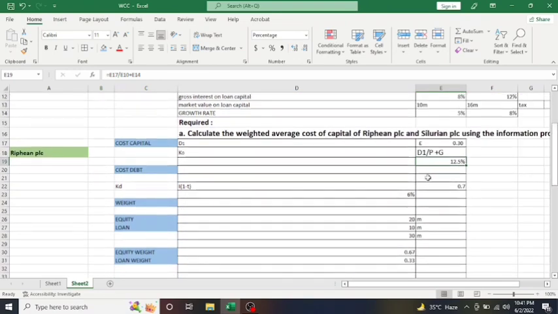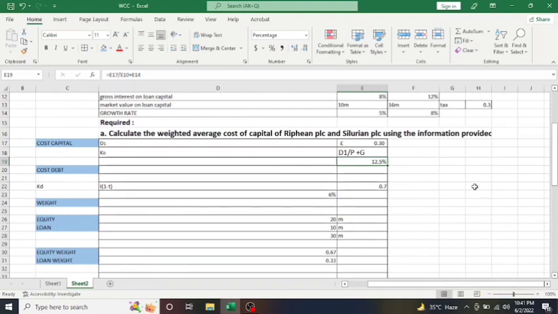Next, we are going to find the cost of debt. You can see the formula that I have written here: interest multiplied by bracket 1 minus t, where t represents the tax. I'm sorry, it's a little cramped here.